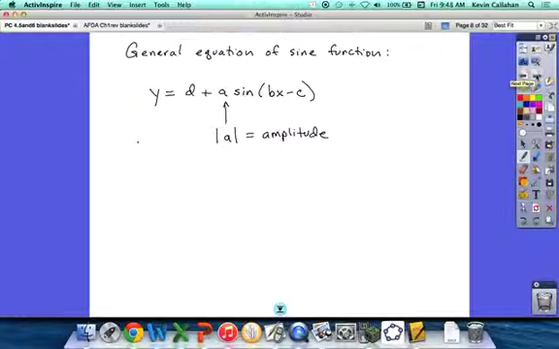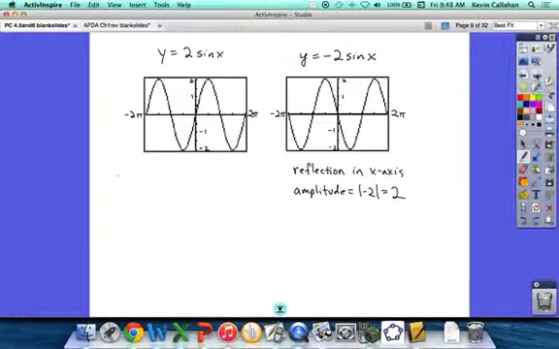I think I have another one which adds to this a little bit. Notice the difference now between 2 sine x and -2 sine x. What's the difference in the graphs? What does it usually do when you put a minus in front? It flips it, right?